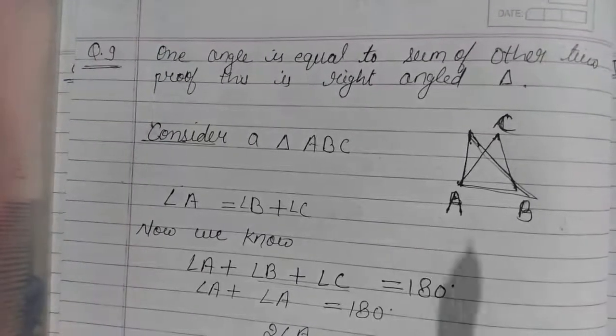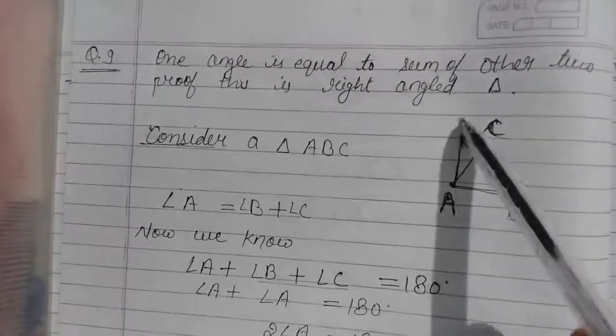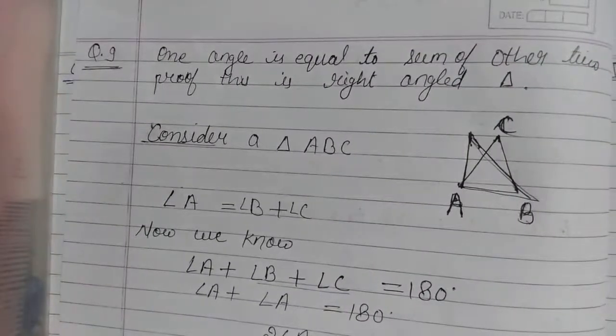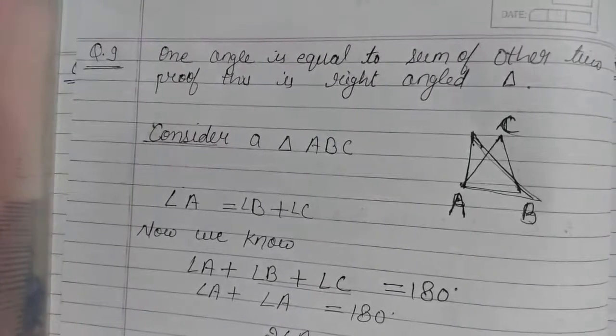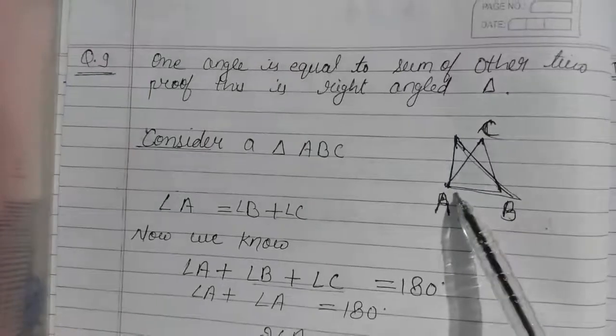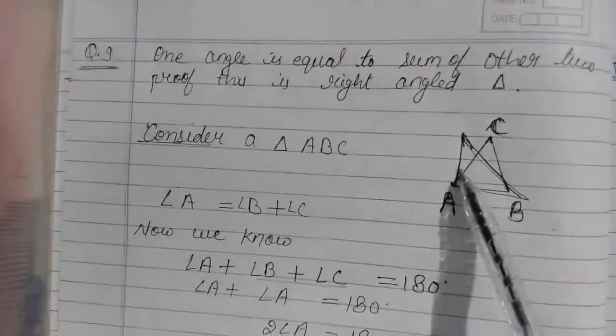So consider any triangle ABC. A, B, C. Now according to the question, one angle will be equal to the sum of the other two. So here I am considering that angle A is equal to angle B plus C.